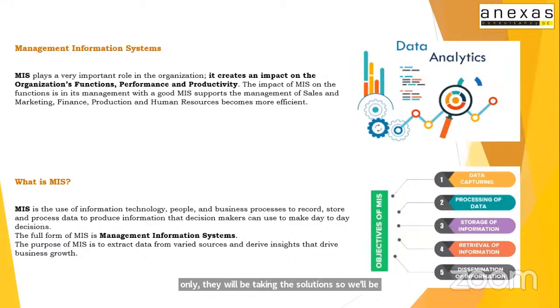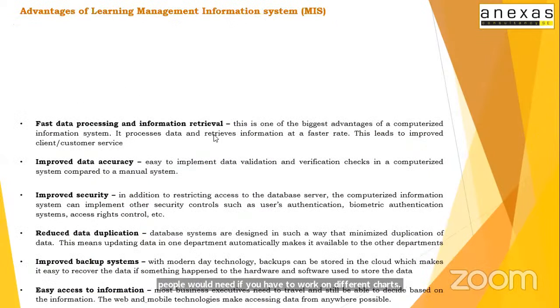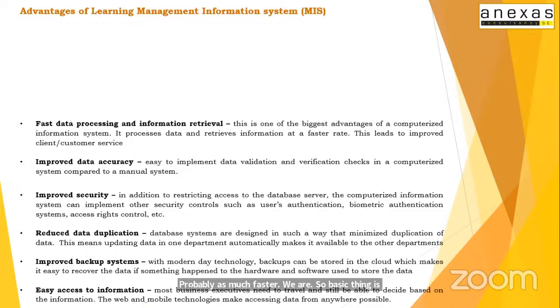So we will explain how you have to work on data, what the process is, how to start with data capturing, how to process it, how to store it, and how to check that the information is matching or not. Then coming to the types of information people would need, how you have to work on different charts. And the advantages of Excel: fast data processing. Excel or Power BI is much faster. So the basic thing is advanced Excel; from there we can go to Power BI.